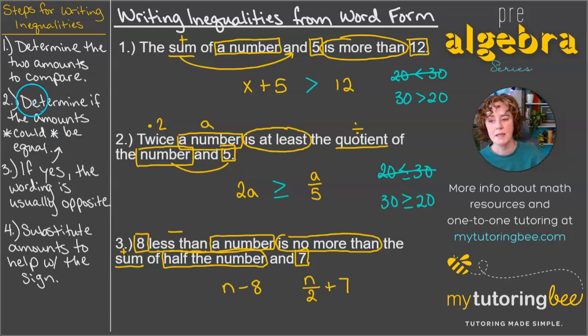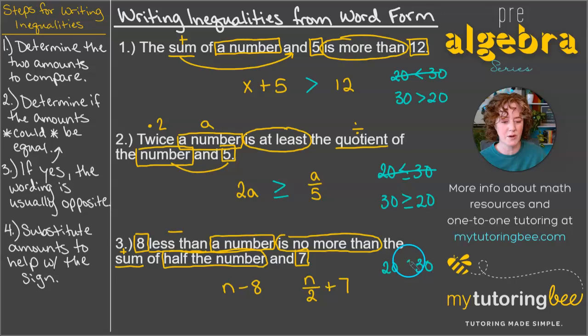All right, let's determine if the amounts could be equal based on our wording. "Is no more than." So it could be equal for this particular problem. When we see the word "more," I'm thinking that this is going to be a less than or equal to situation, because that wording is usually a little bit opposite. So let's see if that's true by substituting in those numbers.